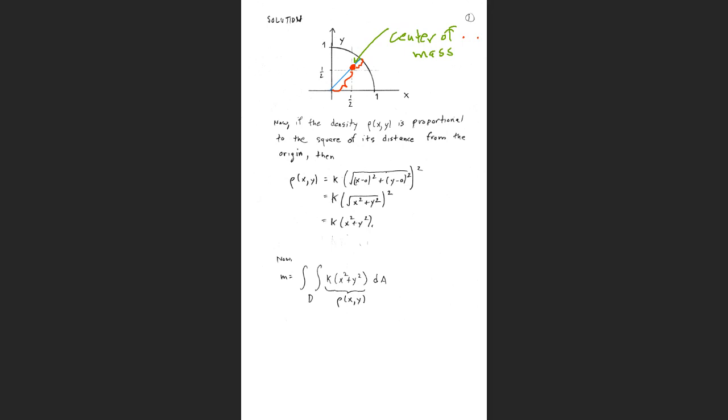I just want to see if that makes sense to you. It might be better to think about it differently. Let me erase this. Hold on, I'm just trying to think about it. Here's the center of mass right here. It falls above the halfway mark in regards to the x-axis and the y-axis.